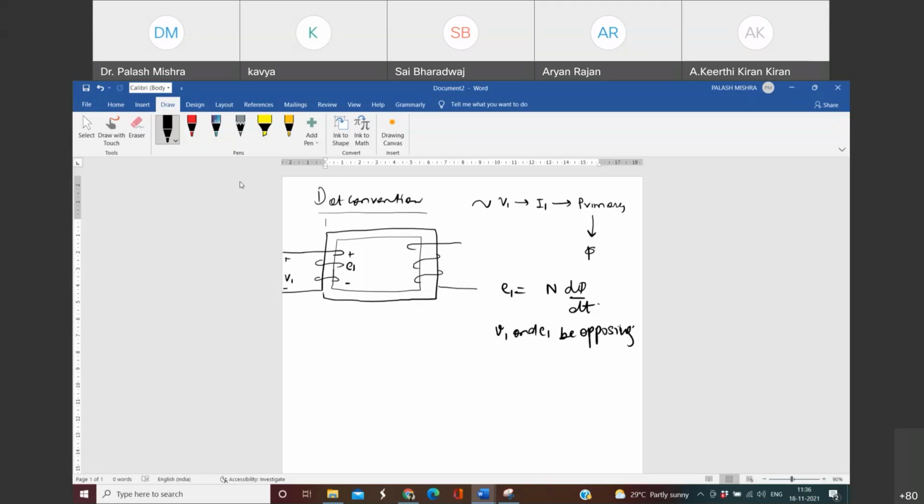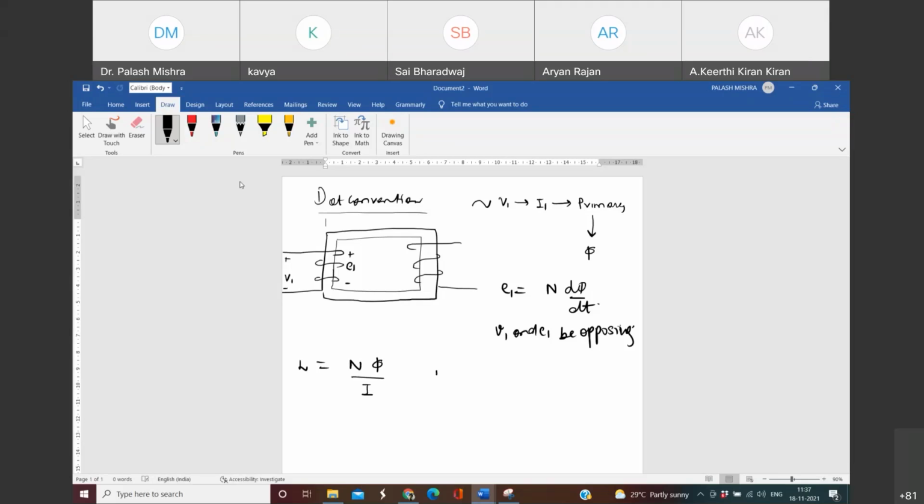Now, the inductance of any coil is given by the number of turns multiplied by the total flux linkage divided by the current flowing in that coil. So here, instead of phi, you can put it like this.